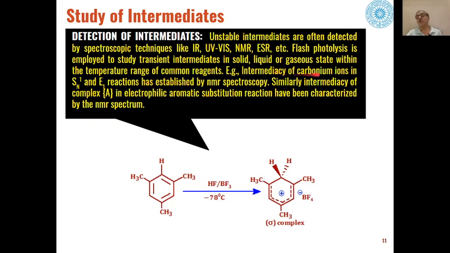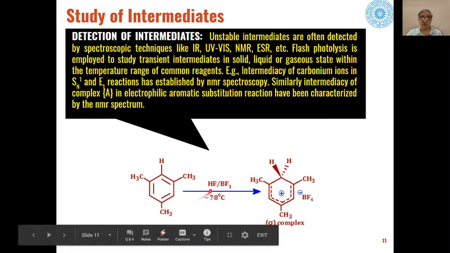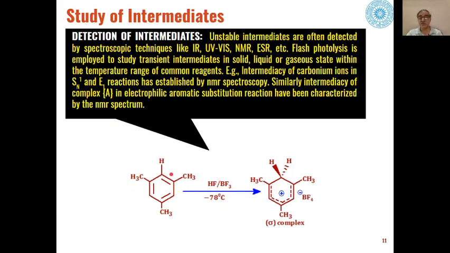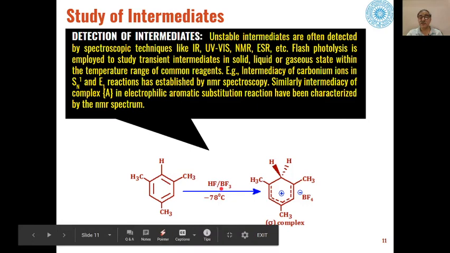Then the intermediacy of carbonium ions in unimolecular nucleophilic substitution reactions or unimolecular elimination reactions has also been established by NMR spectroscopy. So for example, if we take this substrate, this will undergo electrophilic aromatic substitution in presence of HF and BF3 negative.